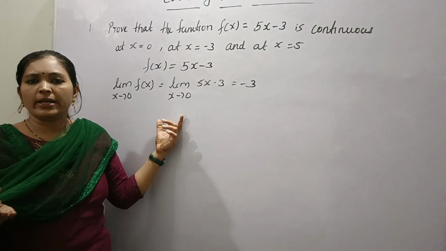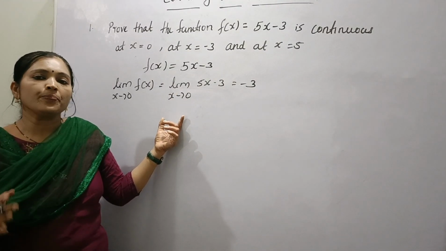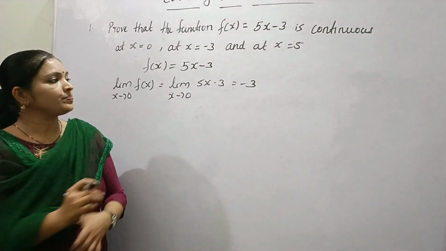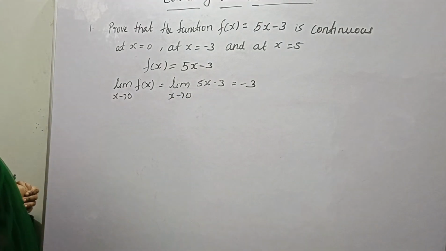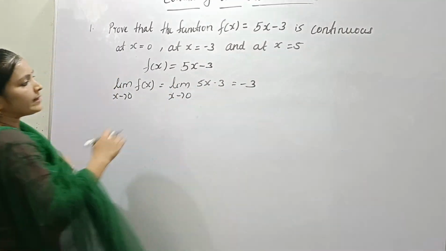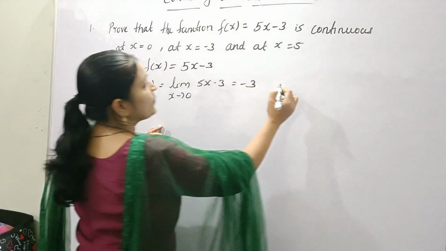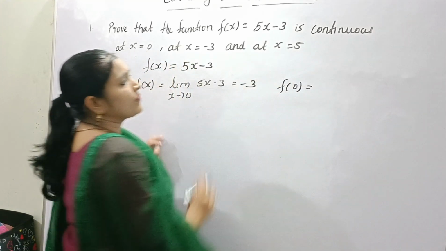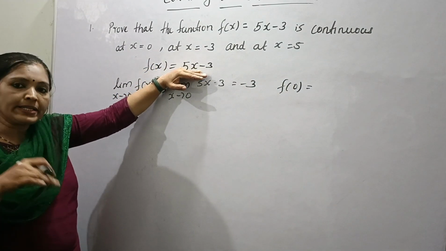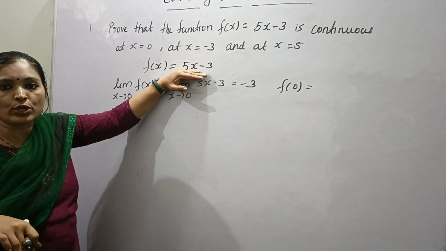These all things you studied in the limits chapter. That's why I told, first of all, go through limits, then come here. So, here we have got limit x tends to 0, f of x is equal to minus 3. Then, what is f of 0? Our f of x is 5x minus 3. Substitute x is equal to 0, right?